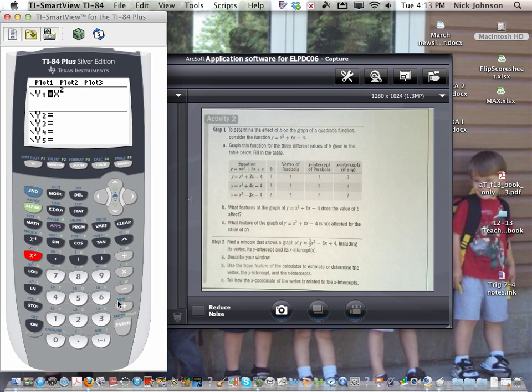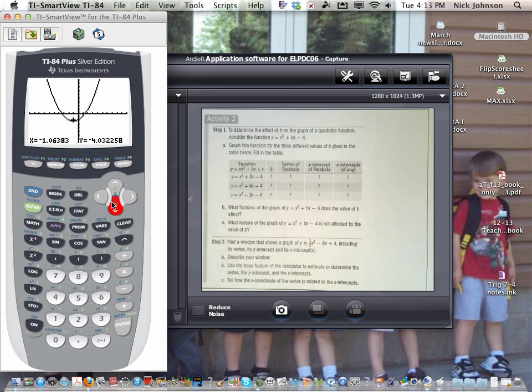So, the first one is y equals x squared plus 2x minus 4. We hit graph. Okay. What's our vertex?